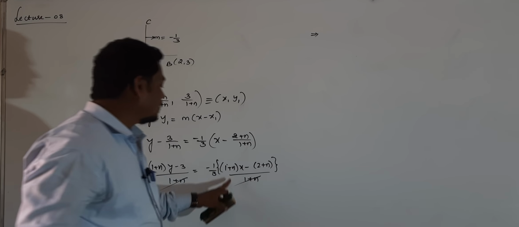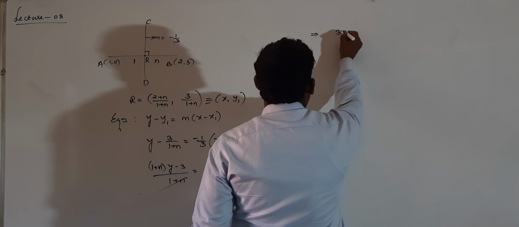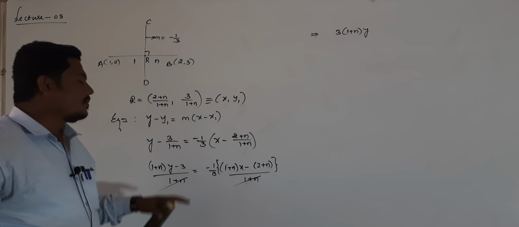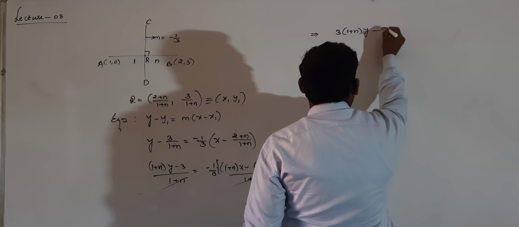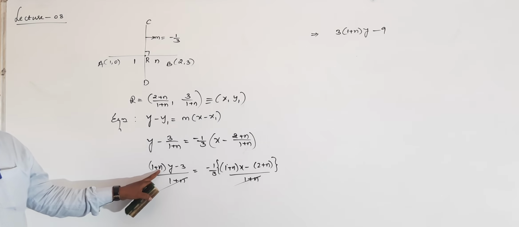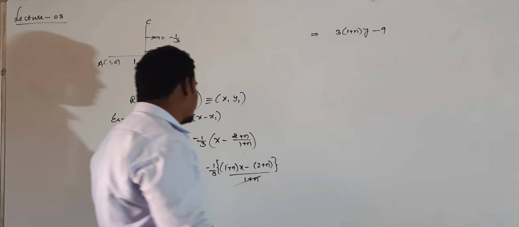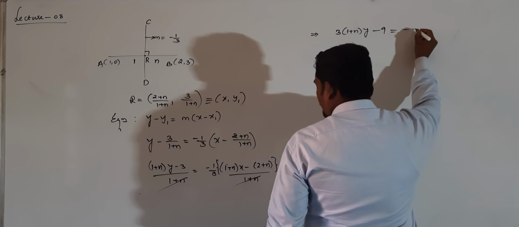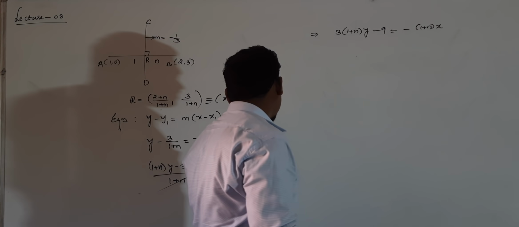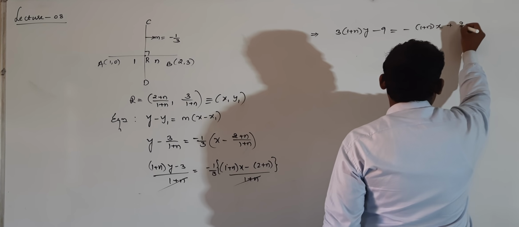Then it will be 3 into (1 plus n) into y, just multiply 3, it will be minus 9. Multiply this 3 into this term, then 3 into (1 plus n) into y, and for minus 3 it will be minus 9, that's equal to minus of (1 plus n) into x, minus of minus it will be plus (2 plus n).